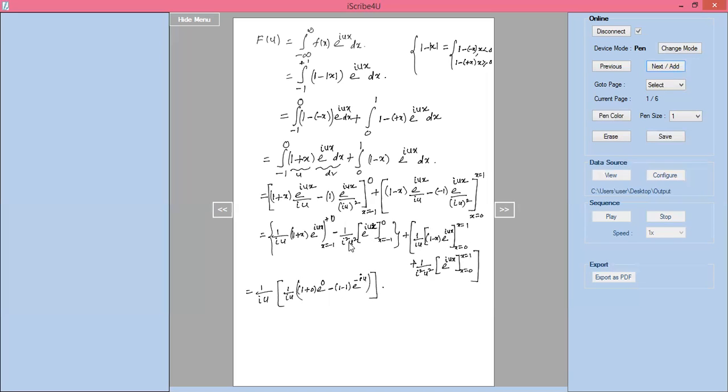Minus 1 means we will get plus 1 divided by u square into, first I will apply upper limit, e power 0 minus e power minus iu.